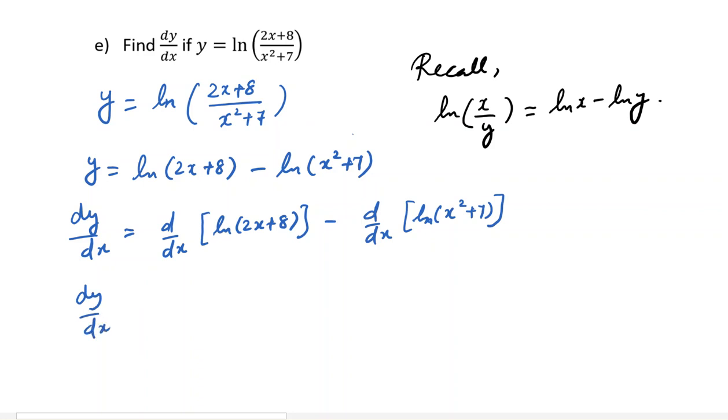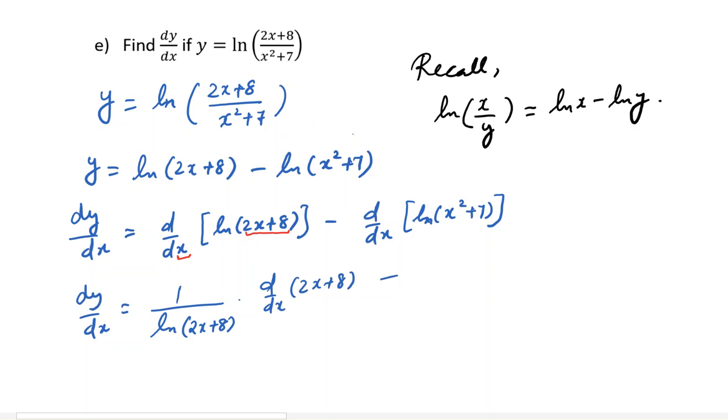So dy over dx. Again, we know that the derivative of ln x is 1 over x, but since the input is not x, it's 2x plus 8, we need to apply the chain rule. First the derivative of the ln function is 1 over the function, and then by chain rule you take the derivative of 2x plus 8.